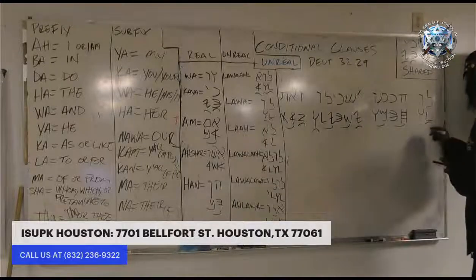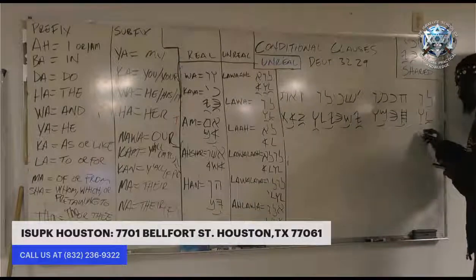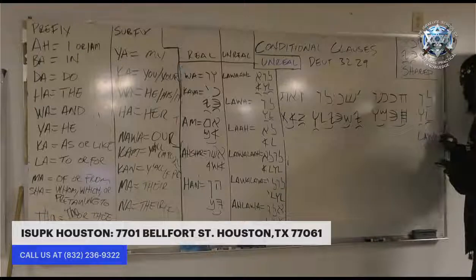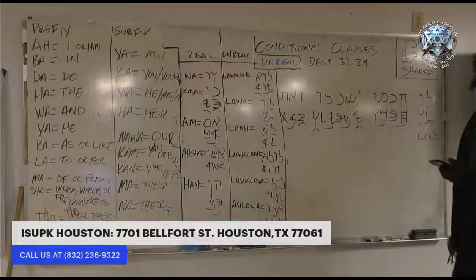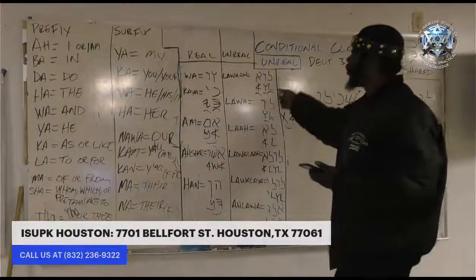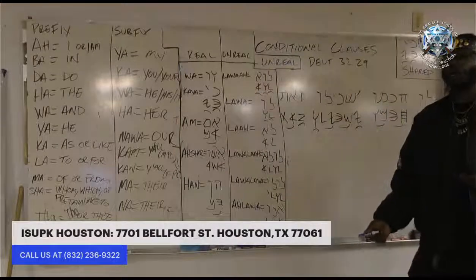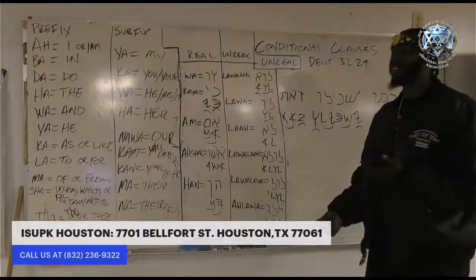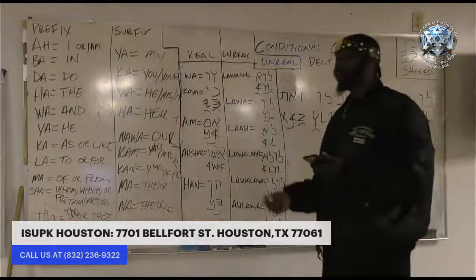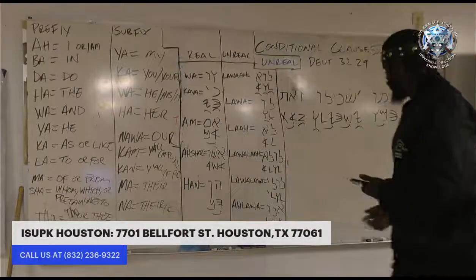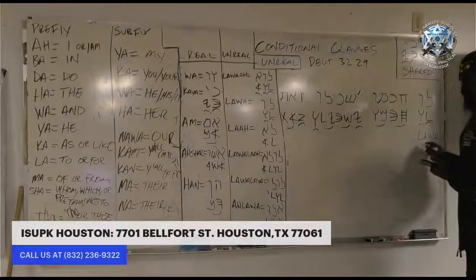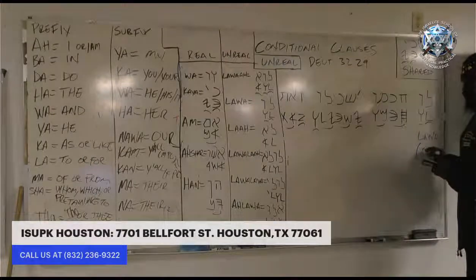So we have Lawah as the opening statement. So we're dealing with the unreal. We look at our list of unreal conditional clauses as openers. Lawah is one of them. So now we have identified the if factor.